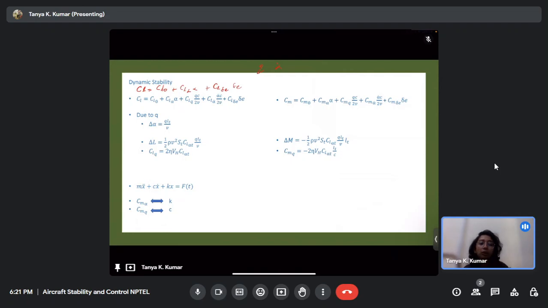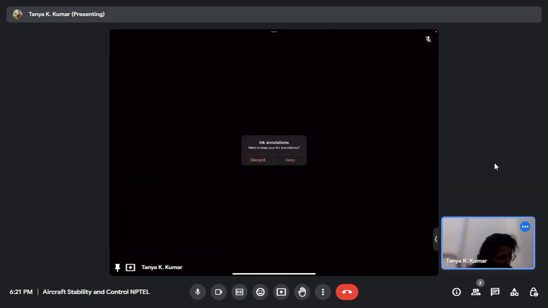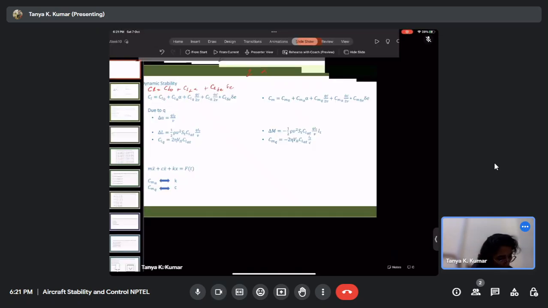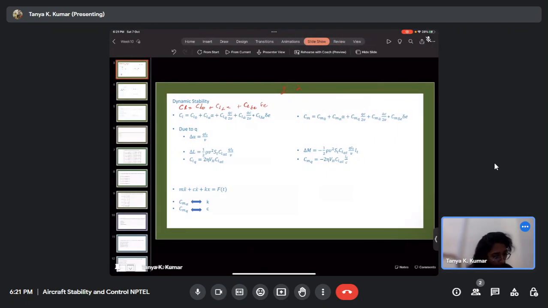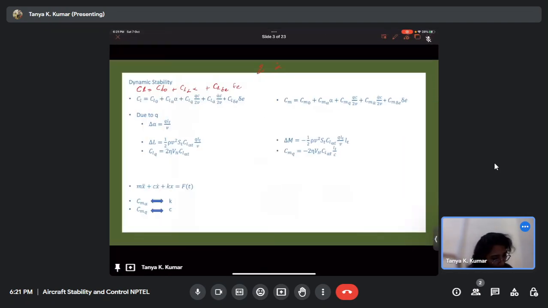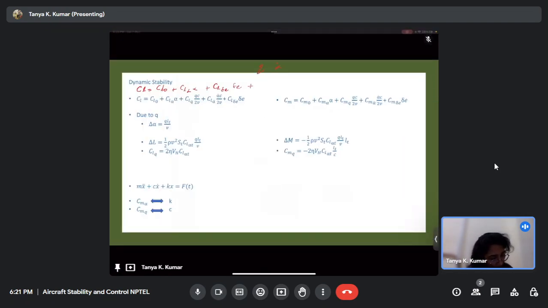Ideally, going by the same expansion, we should have got a CLQ into Q. But you can see the term here is different. Why is it different? We had dealt with this extensively before.